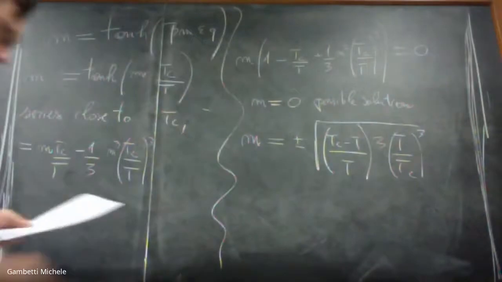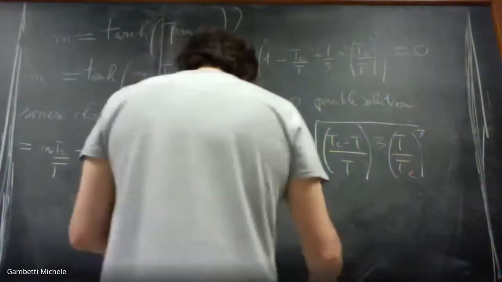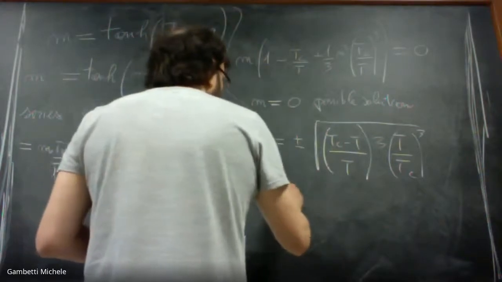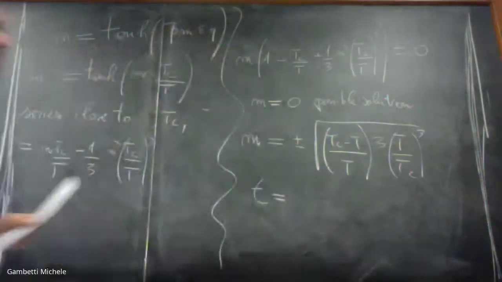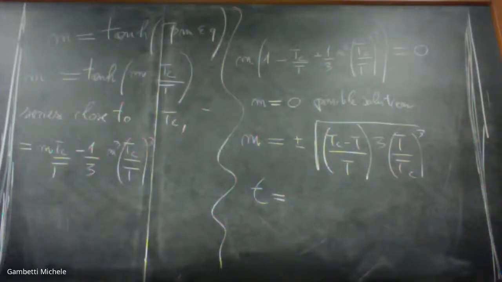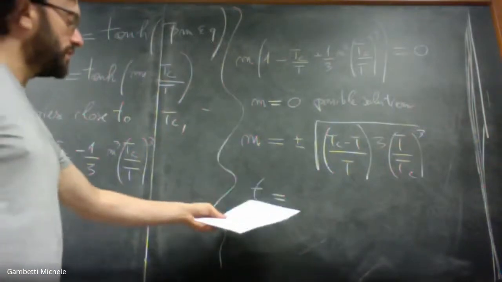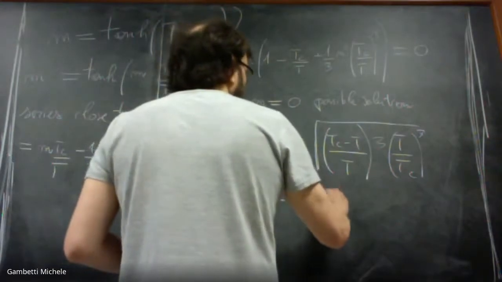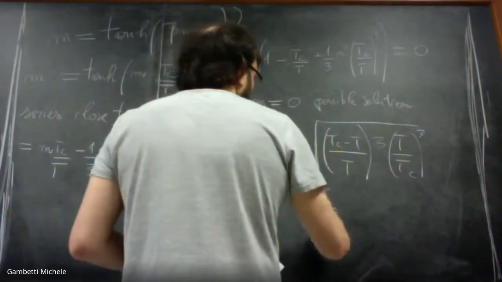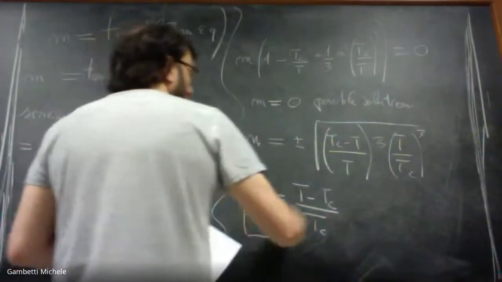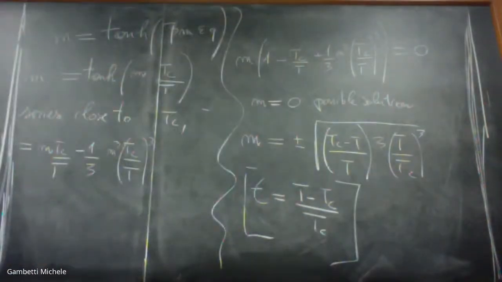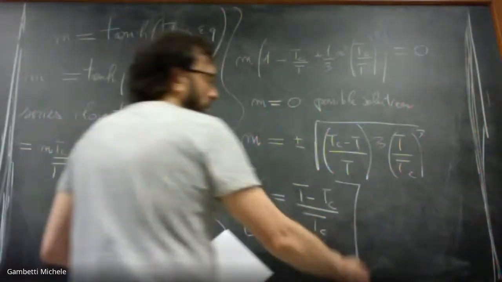Now it's very common to write this quantity in terms of a sort of reduced temperature, which will characterize all the behavior of the critical point, which is this quantity t, the difference between Tc and T divided by Tc. So basically, this quantity t is a deviation from the critical point.